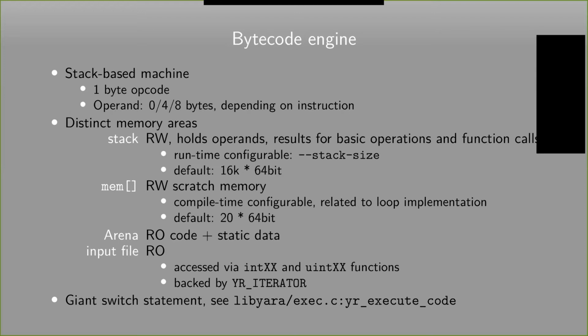So we have this bytecode engine that's being run. It's a stack-based virtual machine, with a pretty simple opcode format: just a one-byte opcode and the operands. There might be one direct operand, and pretty much everything happens on the stack. The stack holds operands and results for basic operations, such as adding or subtracting numbers, and that is readable and writable, of course.